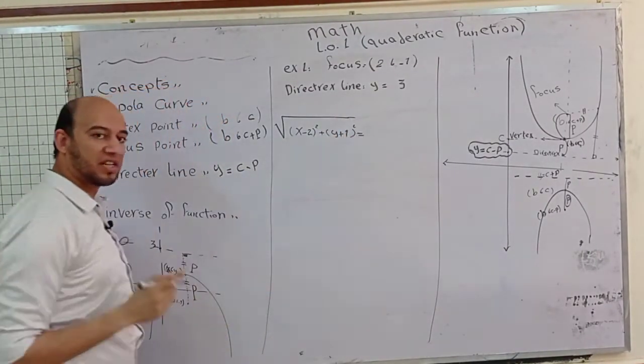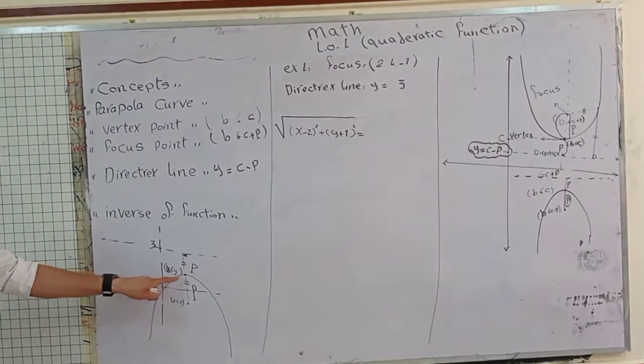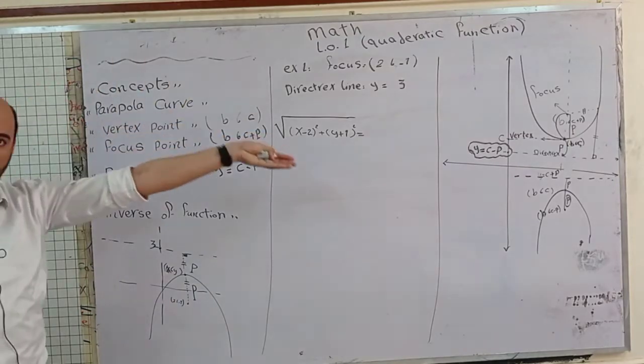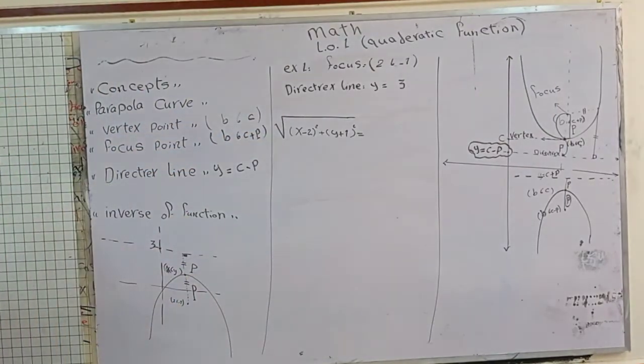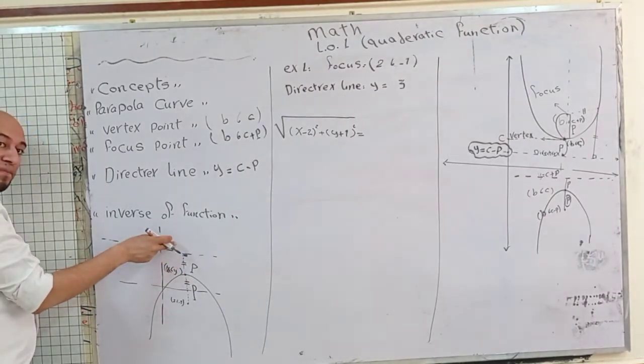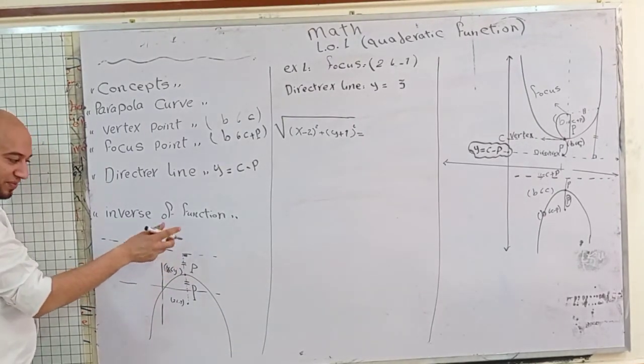This is the distance between this point and the focus. We will equate it with the distance between this point and the directrix line.